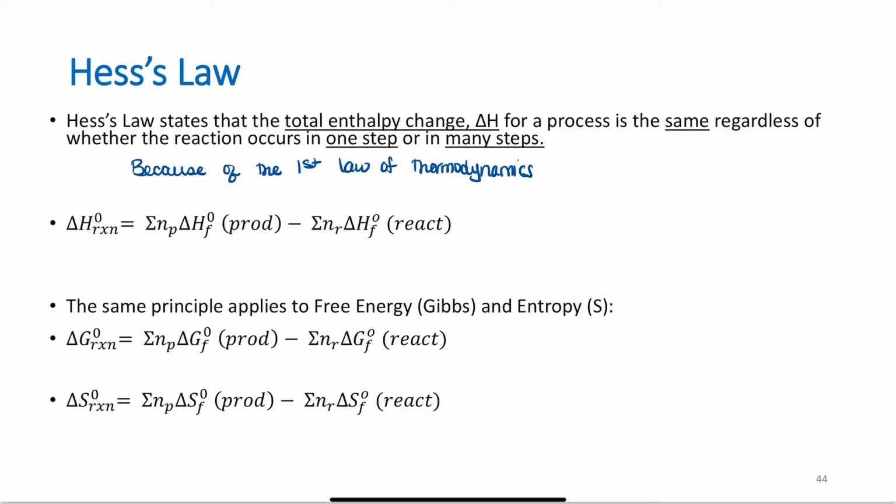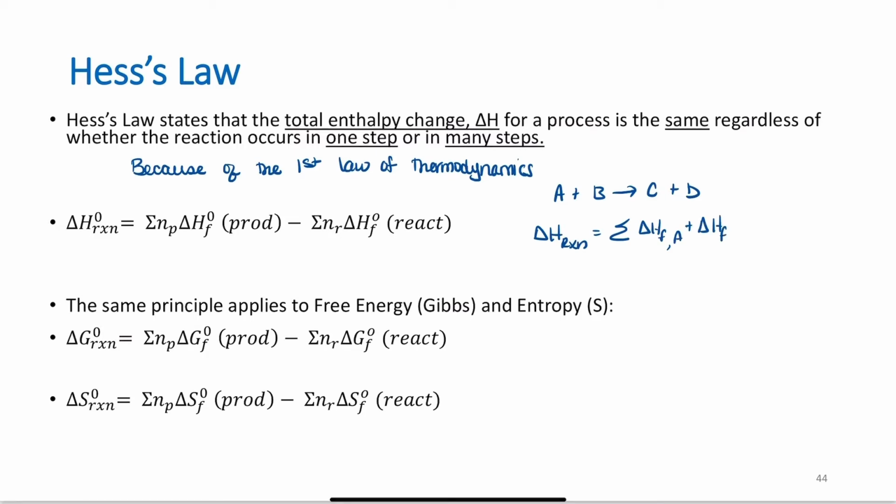This is like saying A plus B goes to C plus D. Delta H reaction here would be equal to the sum of the delta H formation of A plus the delta H formation of B minus the sum of the delta H formation of C plus delta H formation of D. So I remember this as products minus reactants. But you have to remember that you're multiplying by the number of moles of each species as well.